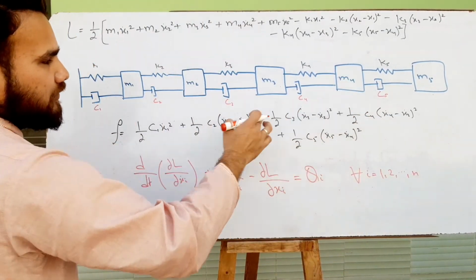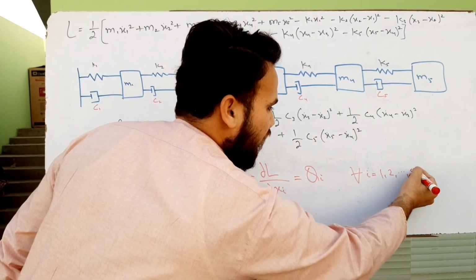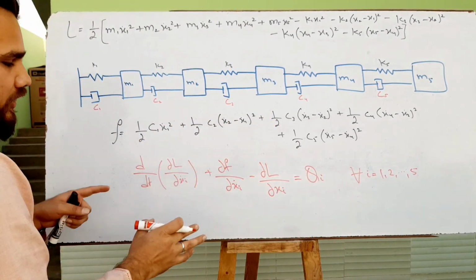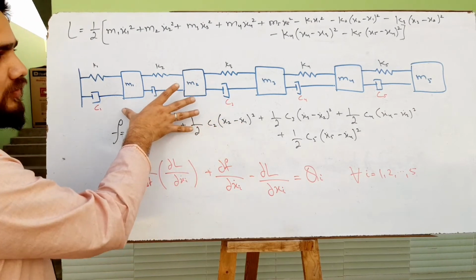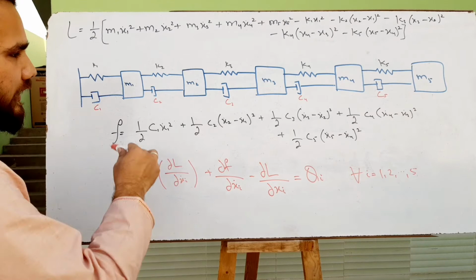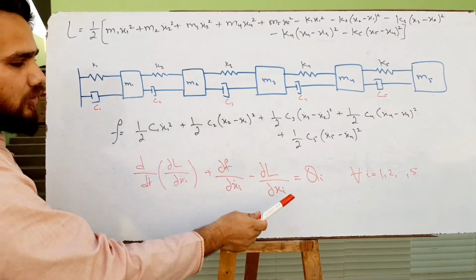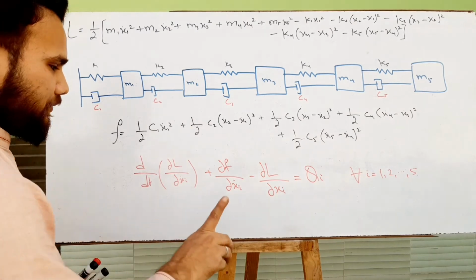But for this system we have 5 degrees of freedom, so we can fix n as 5. Through this formulation we can get the mathematical model of this system as a system of differential equations. Here there are 5 masses, so this will give us a system of 5 differential equations.